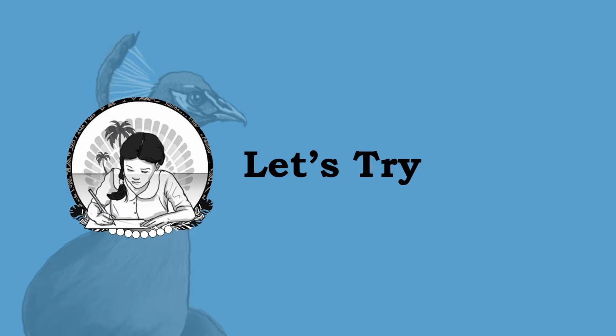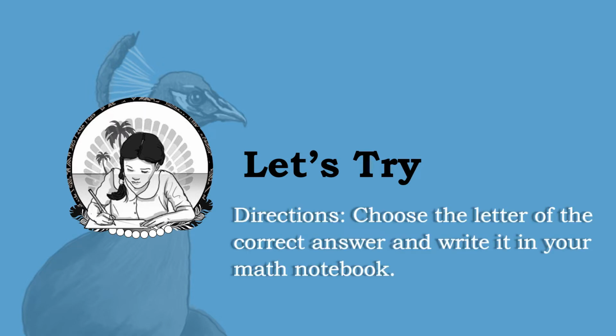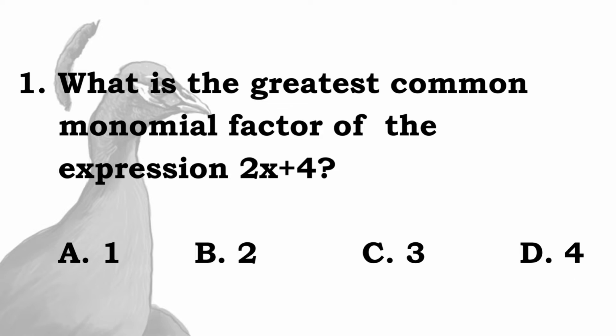These questions will help you think about the lesson you are about to learn. Choose the letter of the correct answer and write it in your math notebook. You will have 5 seconds to answer each question. Let's get started. Number 1. What is the greatest common monomial factor of the expression 2x plus 4?